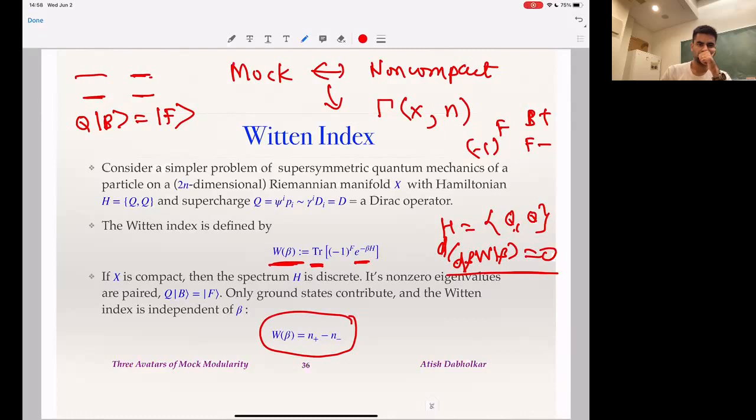In the beta going to infinity limit, you get the index, and in the beta going to 0 limit, you can use the heat kernel expansion. And this is how Atiyah and Singer proved the index theorem. But you can prove it using these ideas of Witten, that you embed it in a supersymmetric quantum mechanics, and then you argue that in the quantum mechanics context, this quantity is beta independent.